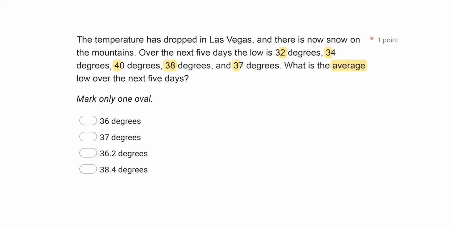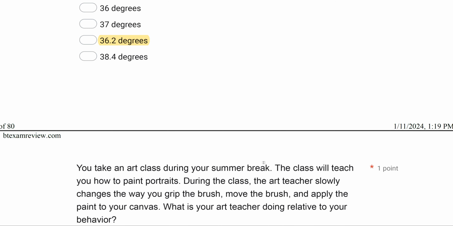To find the average, we need to add up all those data points: 32 plus 34 plus 40 plus 38 plus 37, and then divide it by the total number, which is 5. That's going to give us our average, which will be, if you did it correctly, 36.2 degrees. Very straightforward question, but you need to know how to find the average. If you can do that, then you'll be totally fine.